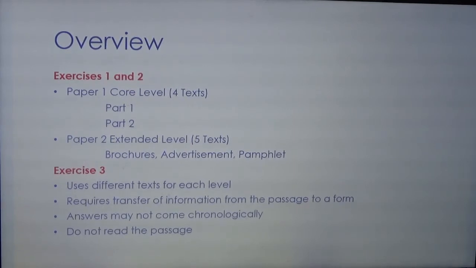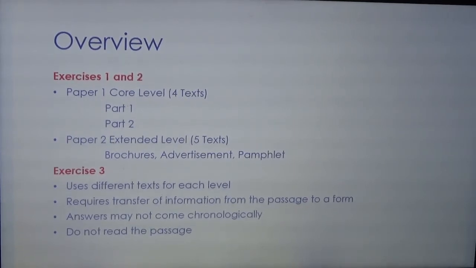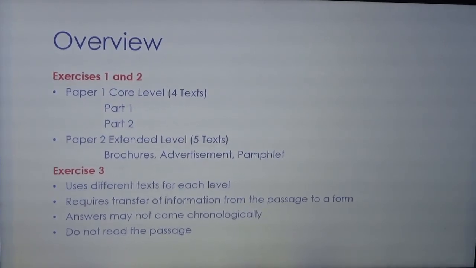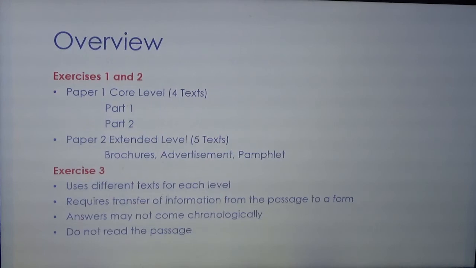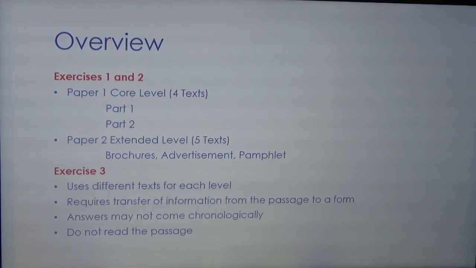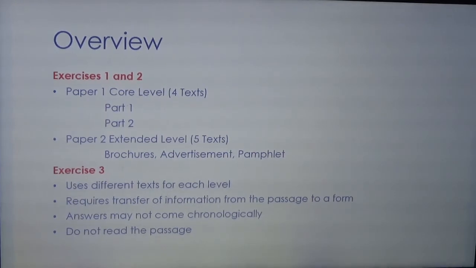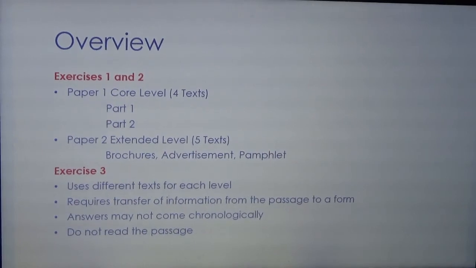We expect to have paper 1 core level 4 texts, and we shall be dealing with how they give the questions and how to answer the questions for parts 1 and 2. And for the paper 2 extended level, we shall be dealing with 5 texts like brochures, advertisements, and pamphlets.